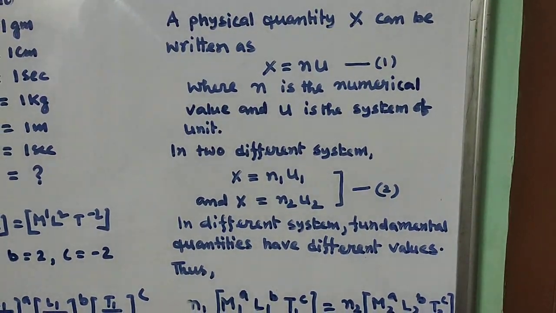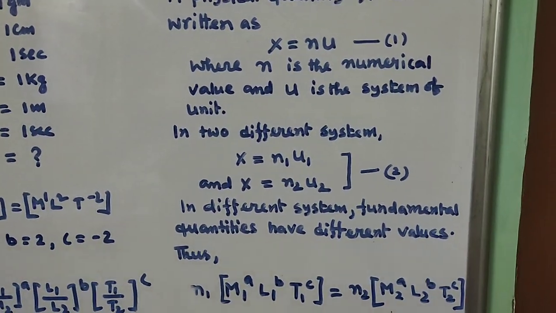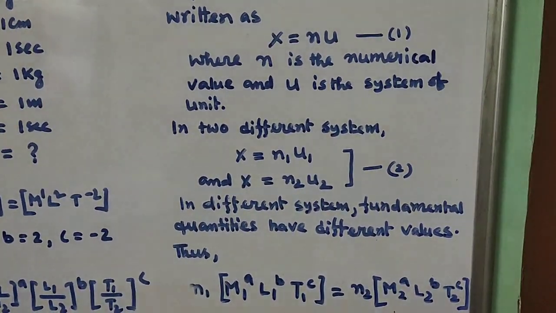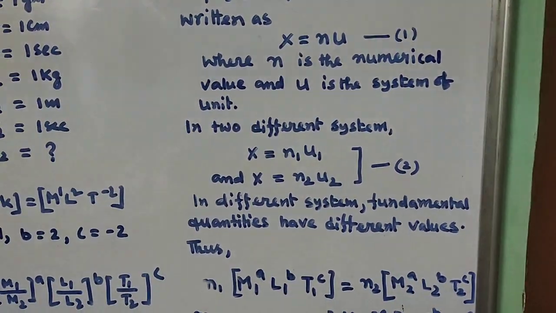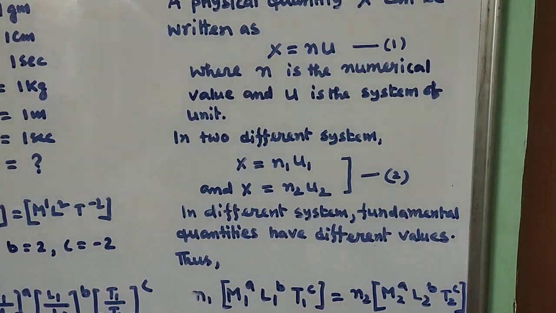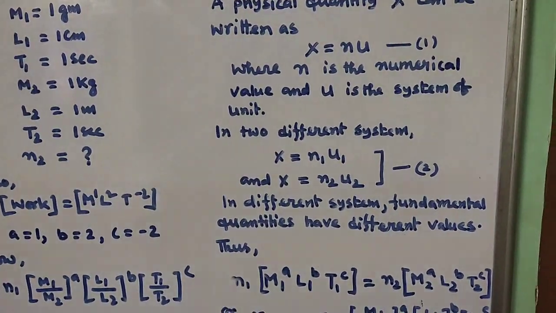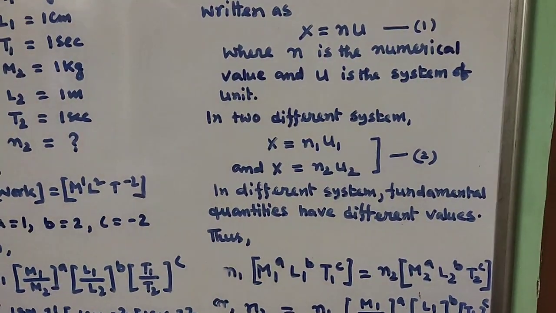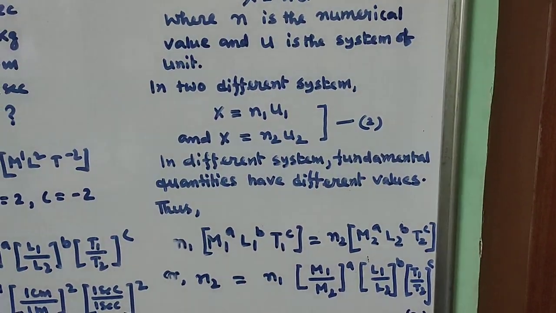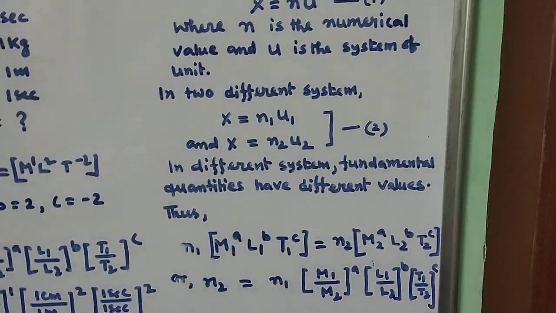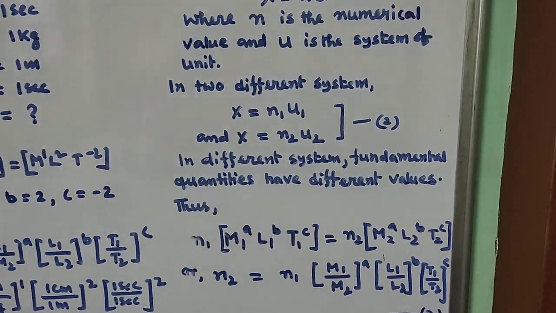Now in different systems, fundamental quantities have different values, no? Because in the CGS system, mass is expressed in gram, whereas in the MKS system mass is expressed in kg. In the CGS system the length is expressed in centimeter, whereas in the MKS system length is expressed in meter. So in different systems fundamental quantities have different values. But the product of the numerical value and the system of unit is identical in different systems.